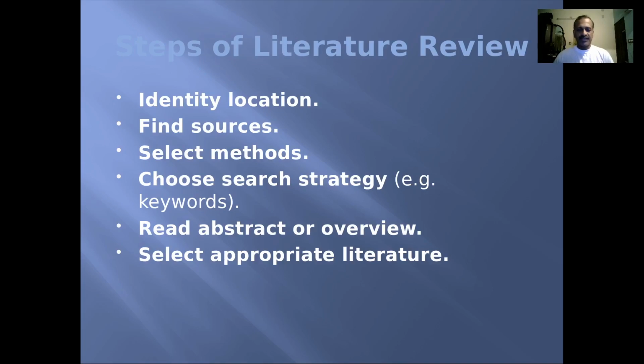So read abstract first. That will take only 5 minutes or a maximum of 10 minutes. So you will get an idea whether that article is related to your research study and whether you want to read the whole article. So read abstract or overview.